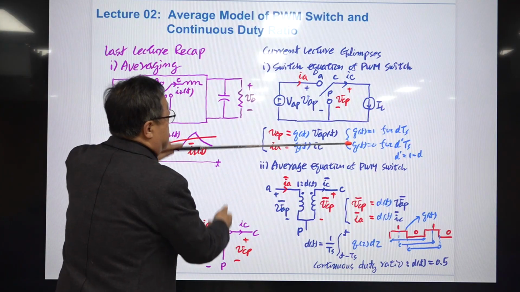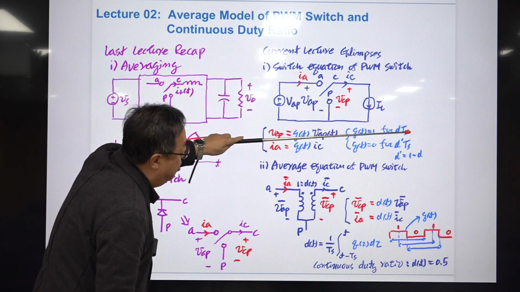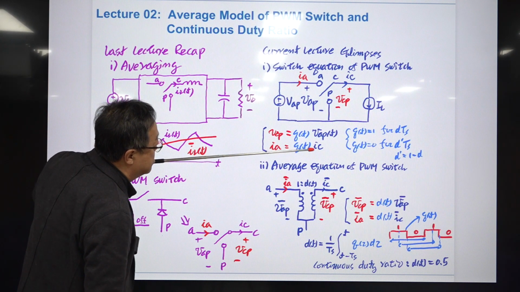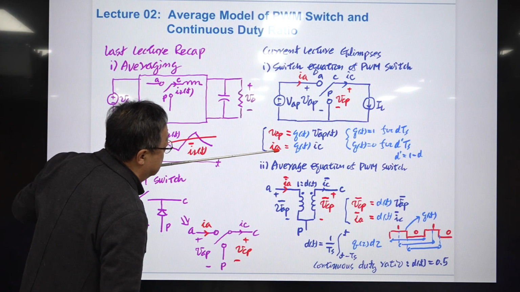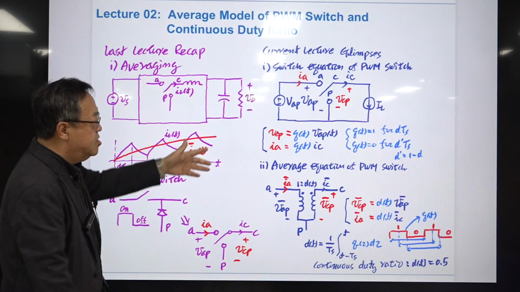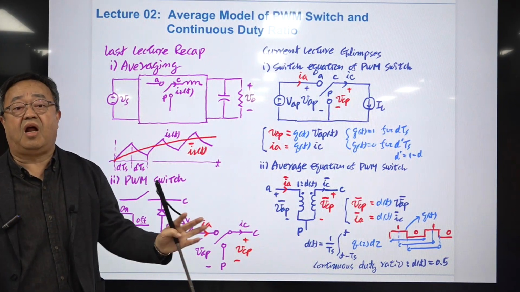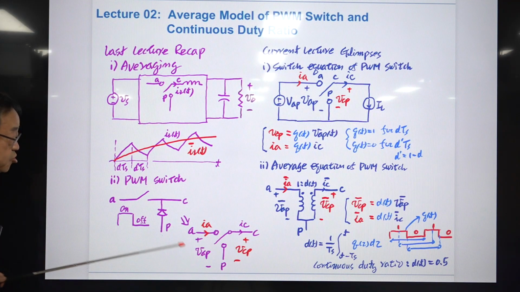And here, when the switch is connected to A during this time period, QT becomes 1. That means IA is the same as IC. Otherwise, IA is 0 because QT is 0. Okay. So this has the form of an equation, but actually it simply describes the functional behavior of this PWM switch.